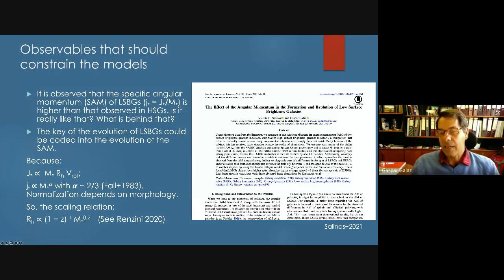So again, we obtained the same. In fact, when you really uniformize the things, you also obtain that the angular momentum of LSBs is larger than in normal galaxies. And this is a reaffirmation of all the other publications, that they are right.